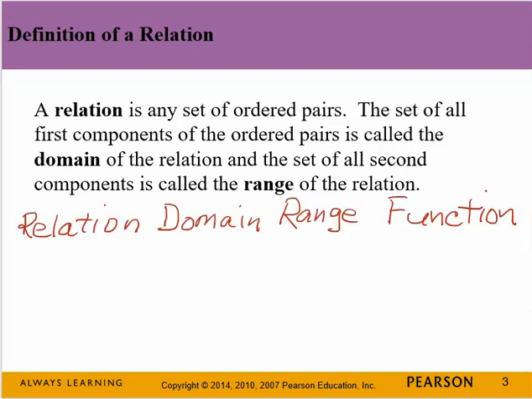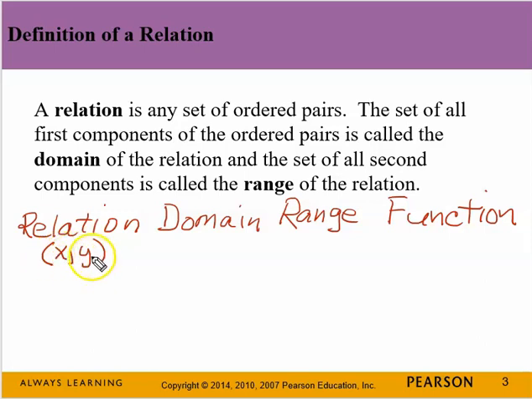Now, in math, certain words have specific meanings, and we want to look at the term relation. What is a relation? Well, in our English language, it's somehow things are connected. And one of the best examples of a relation is the ordered pair that we mentioned in the previous lesson.